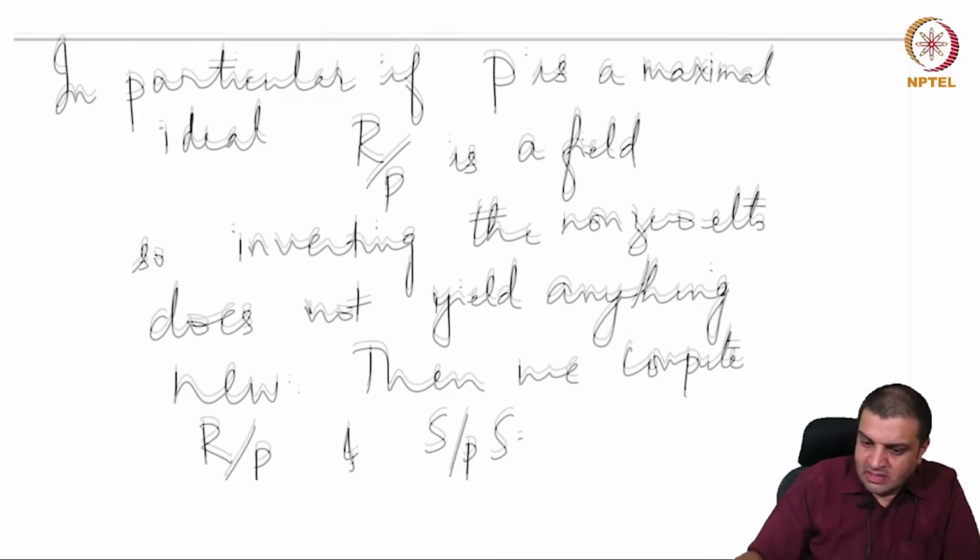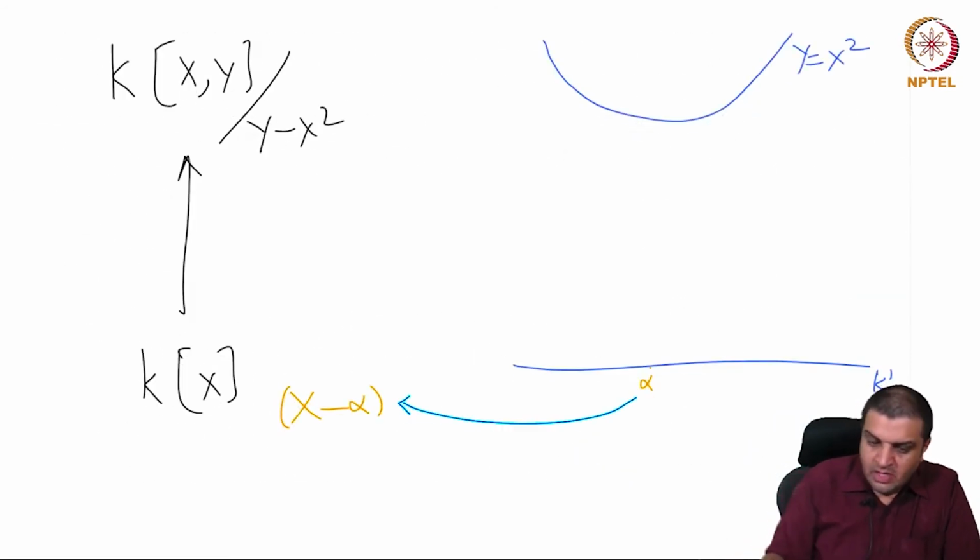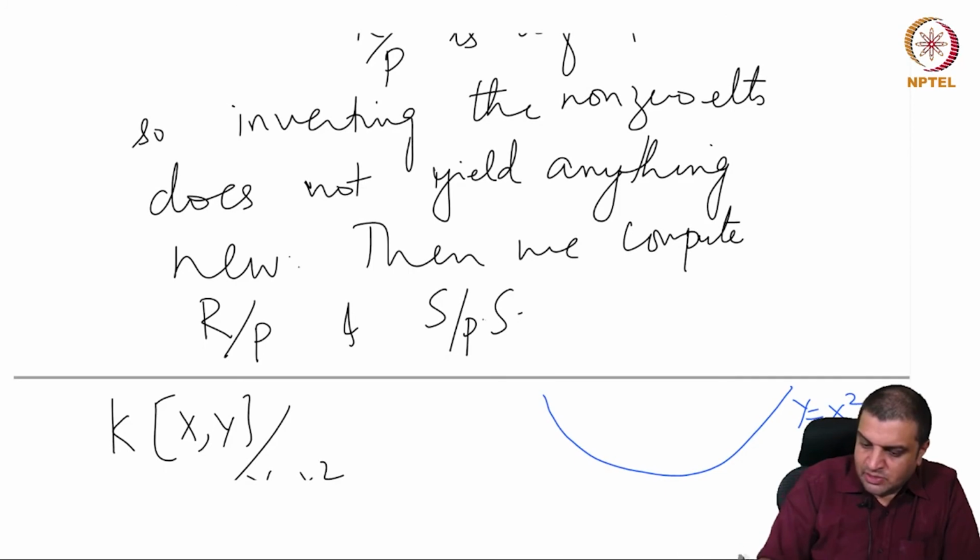The reason we don't need to do this bit here. So now let's take this ring and go modulo that, S mod PS.